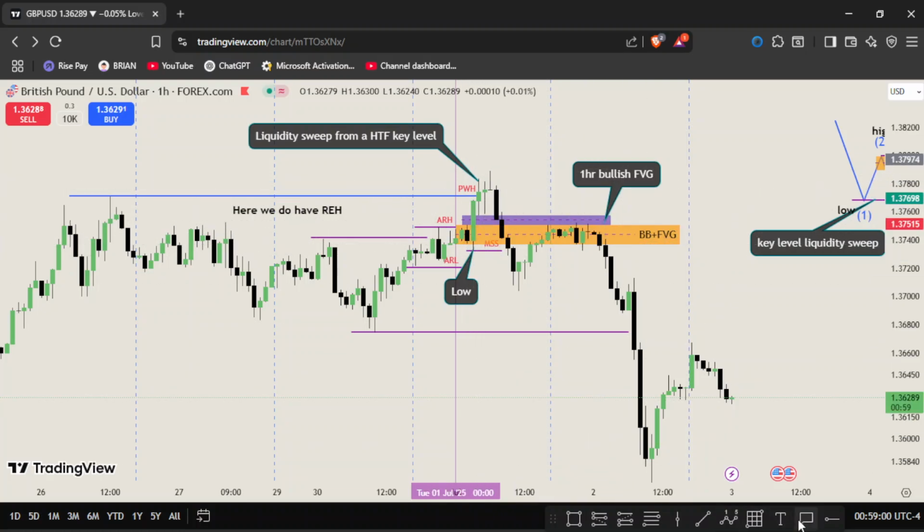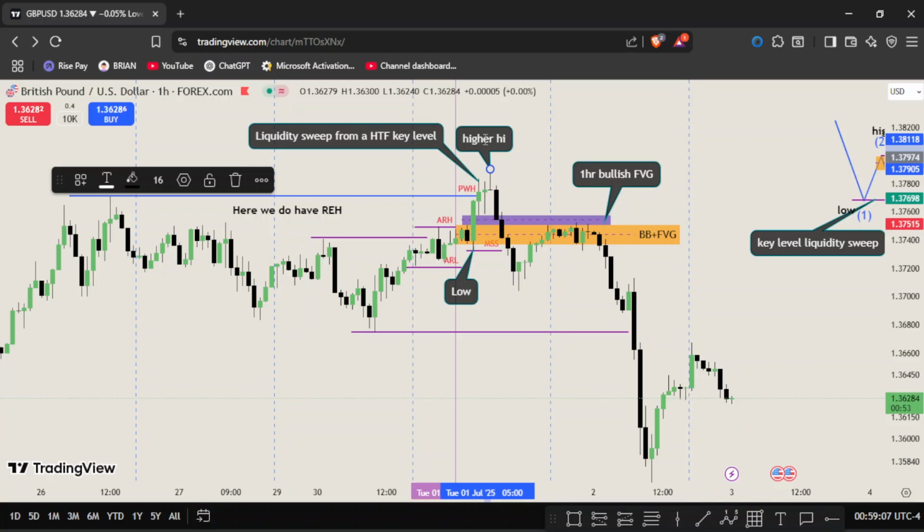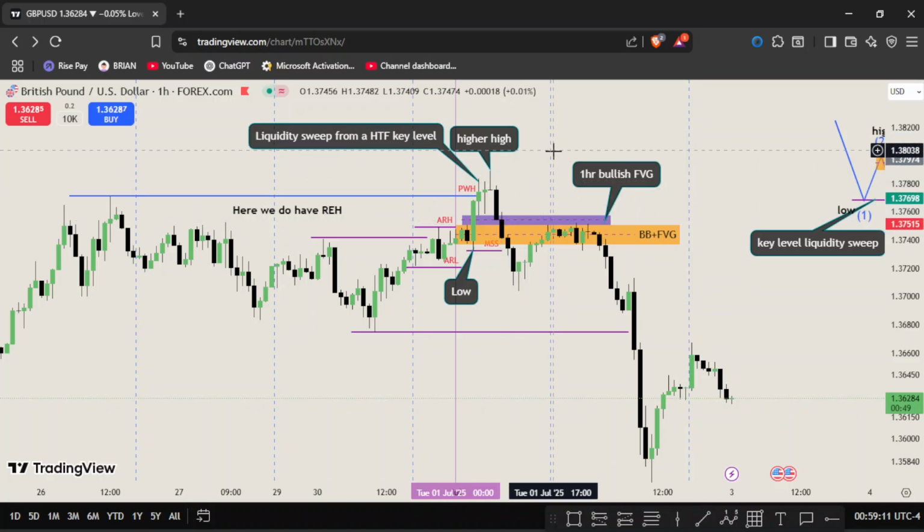And these are our higher highs. So this was a high, another higher high formed, or we can identify these two as our highs.